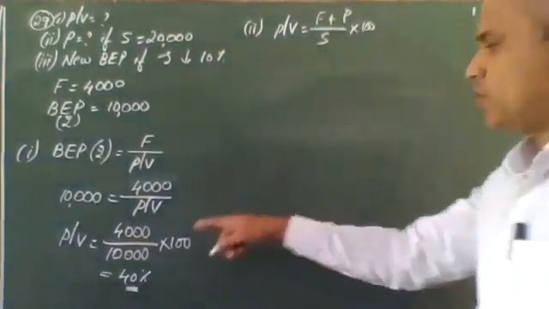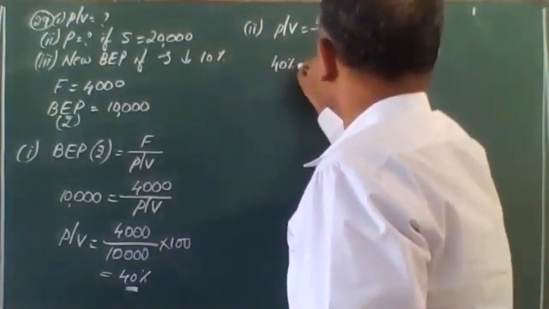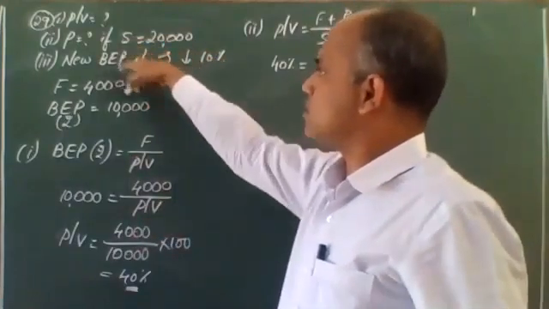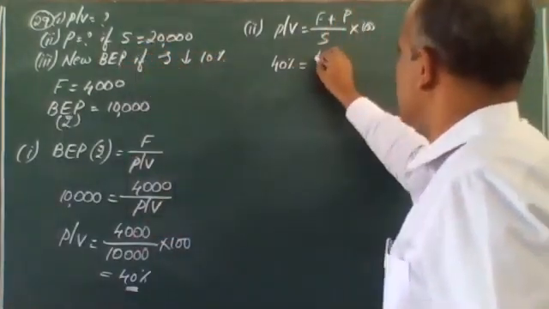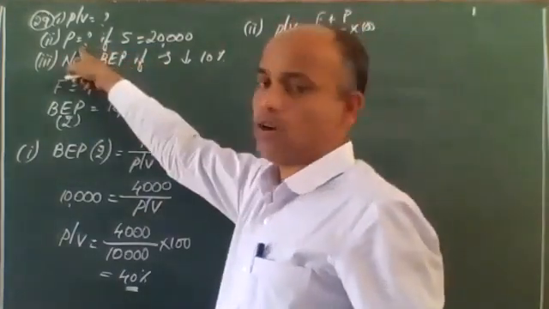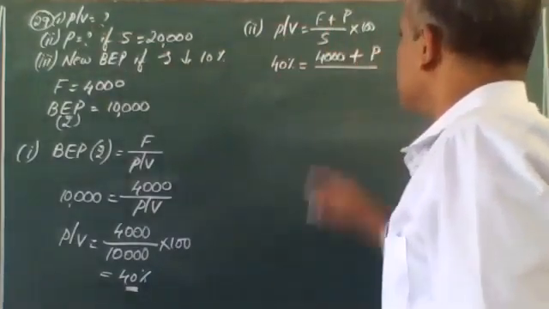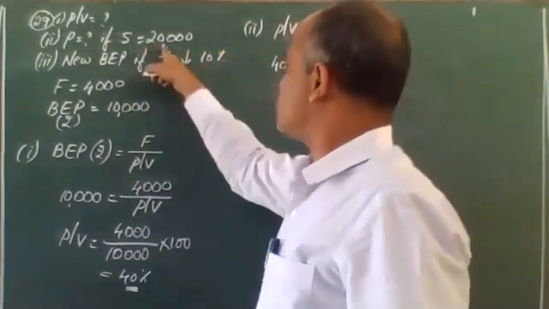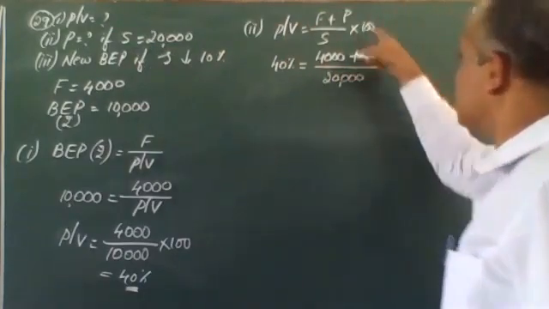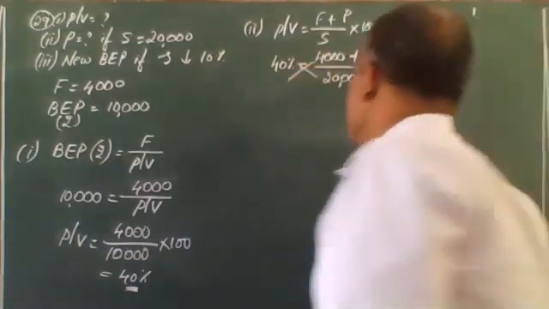The PV ratio I already know it is 40%, so I bring it here. 40% is equal to fixed cost remains constant, so fixed cost is 4,000 plus profit is how much? So profit is a question mark, so profit remains question mark by sales if sales is 20,000. You need not write into 100 because it is in percentage. Cross multiplication gives you the answer.